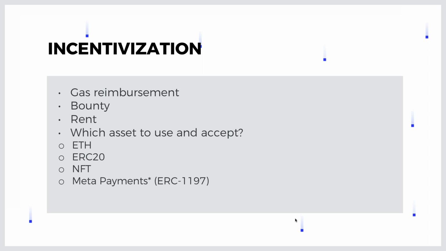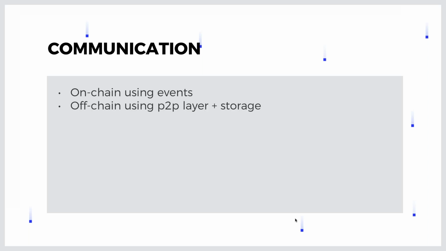By doing this, you can abstract and transfer Ether, transfer NFTs, or execute any code, which might be a reputation gain for the given executing agent or any other thing.